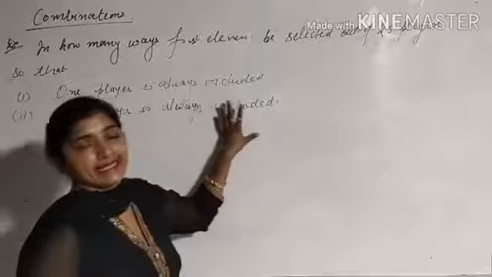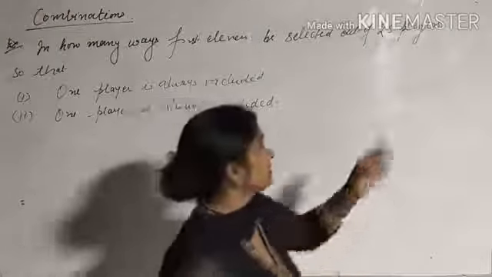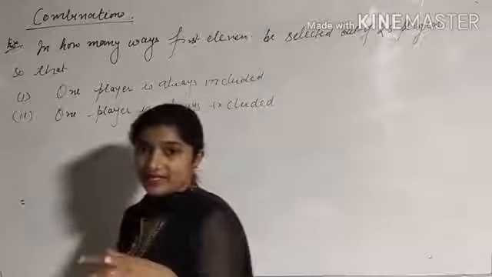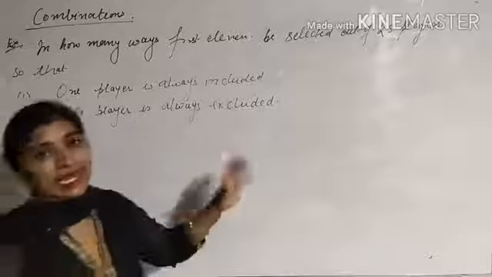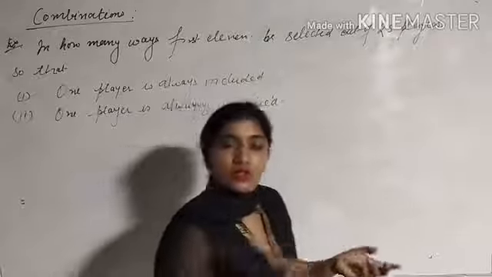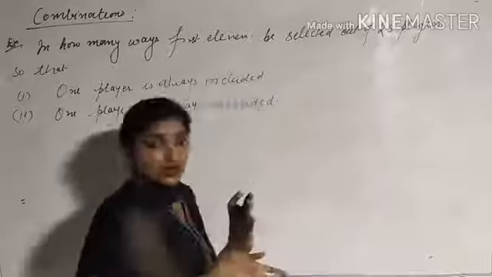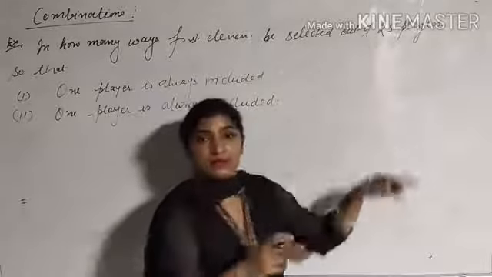Now, as far as the selection is concerned, out of 25 players, for the first case, one player is always to be included. That means that is already selected. So what we have to do now, we have to select only 10 players out of the remaining 24 players.